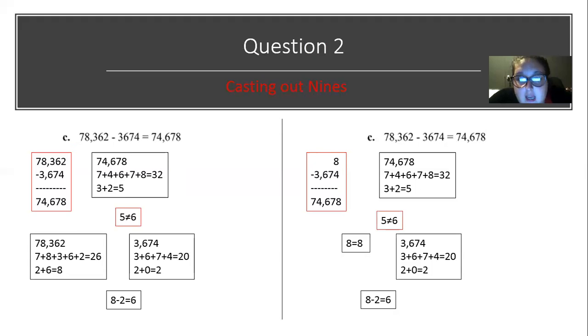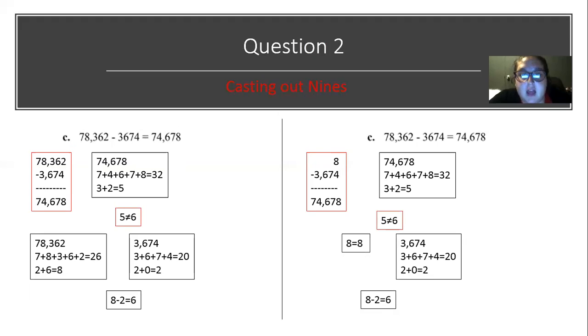So if we take out the 8, if we take out the 7 and the 3 and the 6 and the 2, because 7 plus 2 is going to give us 9, and 3 plus 6 is going to give us 9. We're going to take those out. So all we're stripped down to is 8.